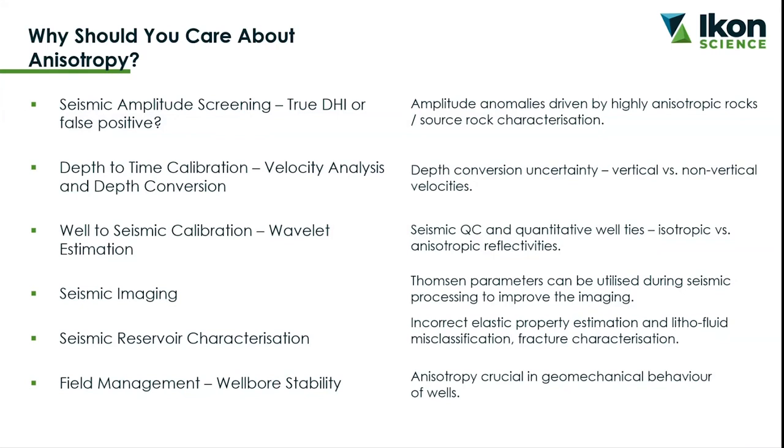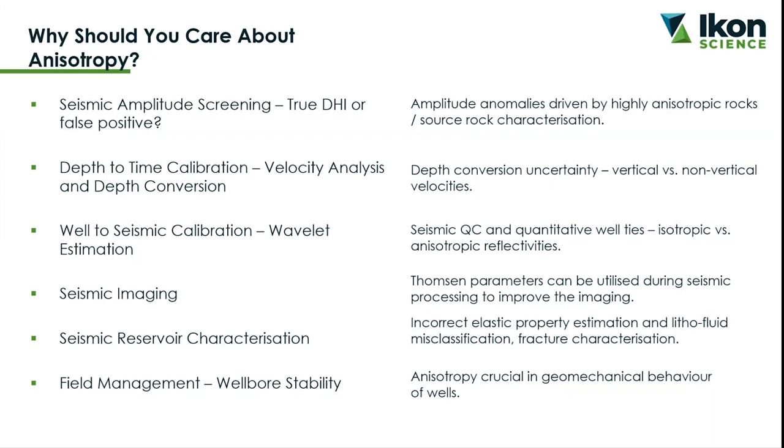In seismic imaging, it's pretty routine these days that some form of anisotropy is incorporated, but where did those parameters come from? Are they reasonable for the area you're in? Could you do a better job of constraining them by deriving them from the data that you might have to hand from wells and from VSPs?